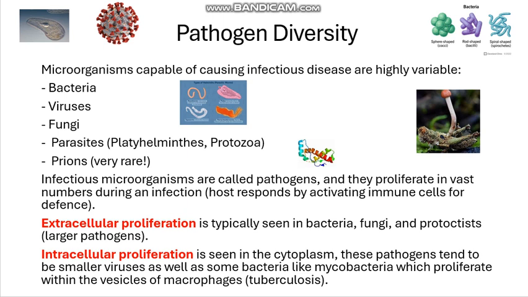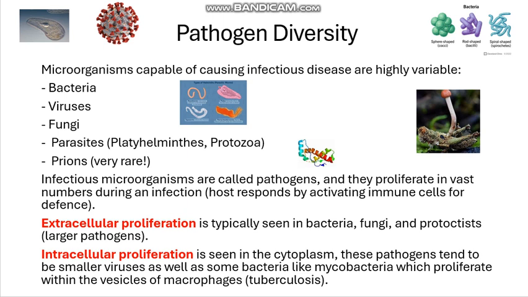These pathogens can either proliferate, so multiply extracellularly, which tends to happen in larger pathogens, so bacteria, fungi, protists. It just means they're multiplying outside of the cells, so in the extracellular matrix or something.